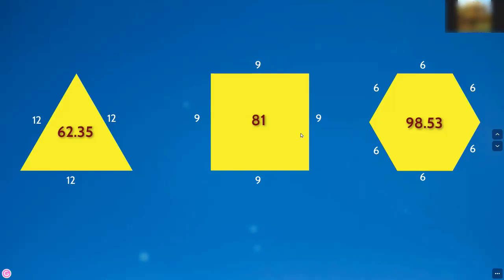It's the best option: largest possible area, minimum material, and maximum storage. So we will eliminate triangle and square. There will be only one answer. It should be hexagon. The best thing should be the hexagon.